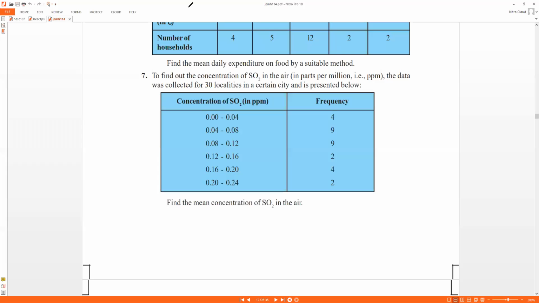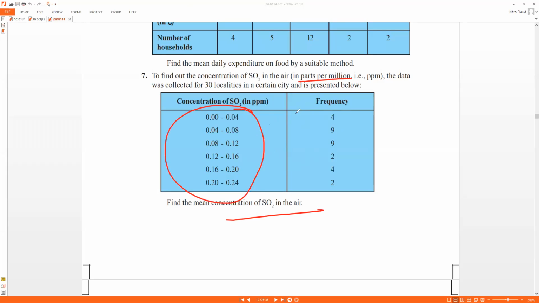Alright, so looking at question 7, you find that the numbers are in decimals. Okay, this is parts per million, ppm. What is ppm? Parts per million. That means 1 million, that is 10 lakh. In 10 lakh particles, how many particles of SO2 are there? That is the reading. Okay, it is a pollution reading.